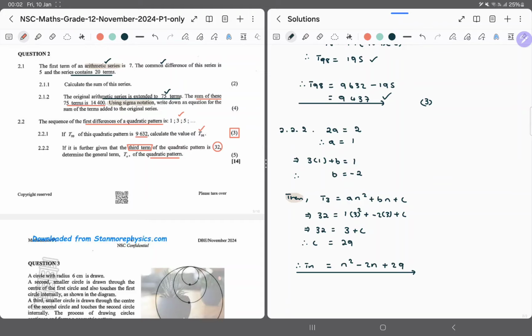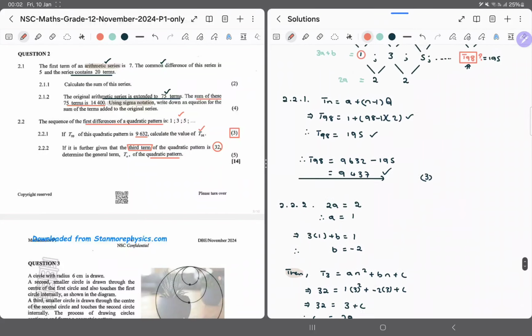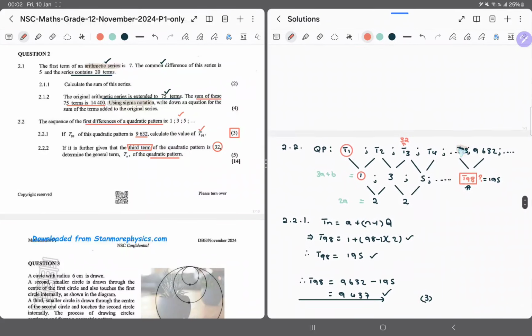Now, let's check if indeed this is true for our quadratic pattern, because as I said, folks, once we find an answer, we need to check whether it makes sense. Now we need to find that T3 is 32. We need to also prove that T98 is what we calculated, which is that, and the last term is that.